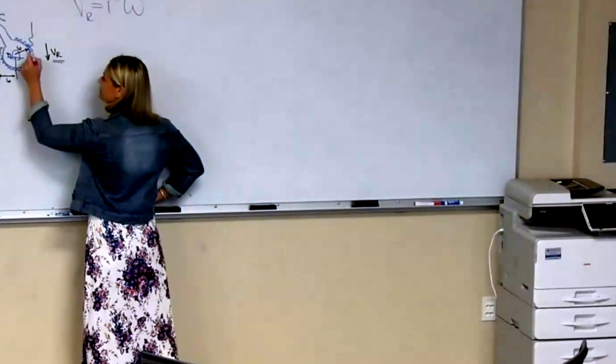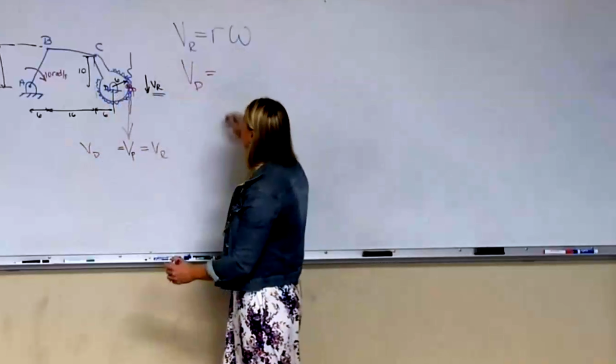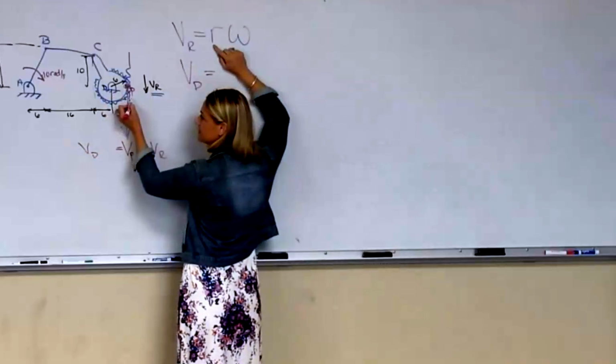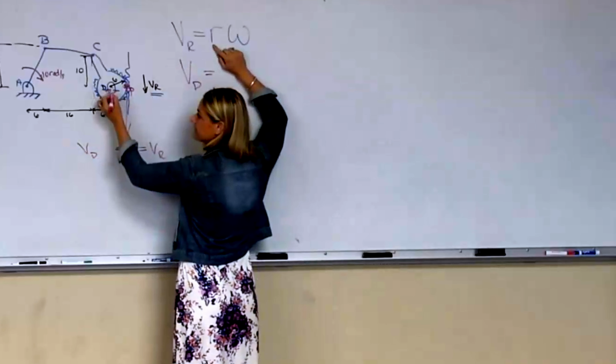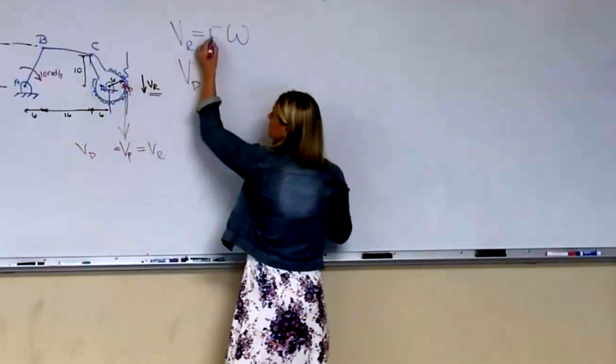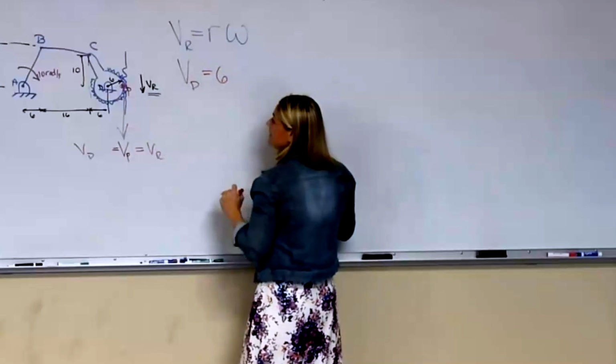This is also D, so this is also going to be VD, and I know how to represent VD. I represent VD by R omega. What is the distance between the point I'm looking at and the point it's rotating about? Here it's just the radius, so it's going to be 6.